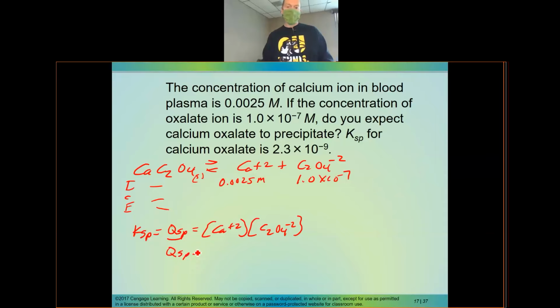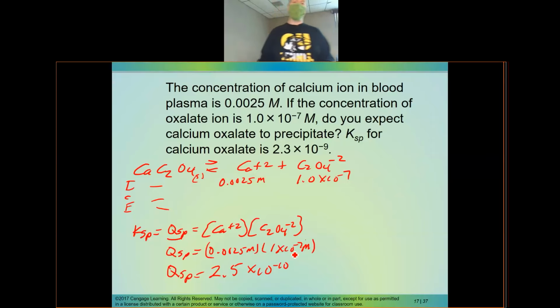And so the QSP is when you put in your 0.0025 molar and you put in your 1 times 10 to the minus 7 molar. And so your QSP is 2.5 times 10 to the minus 10. So now we got to compare that to our KSP, which is 2.3 times 10 to the minus 9.